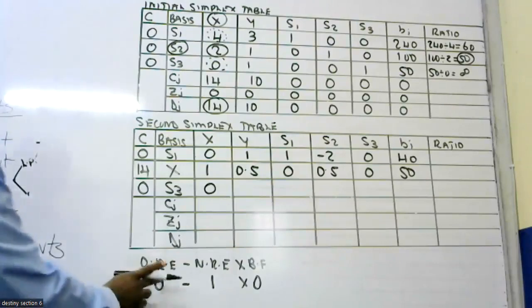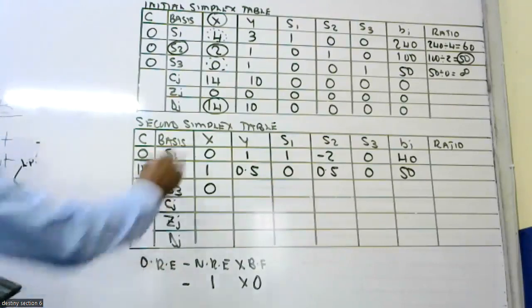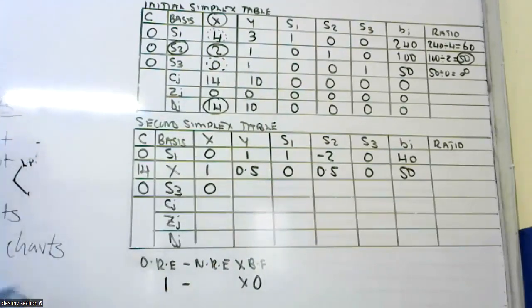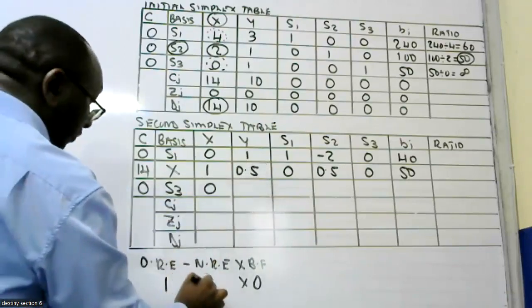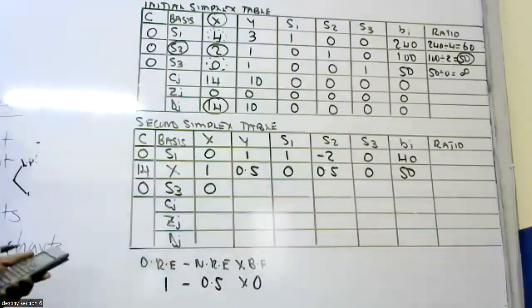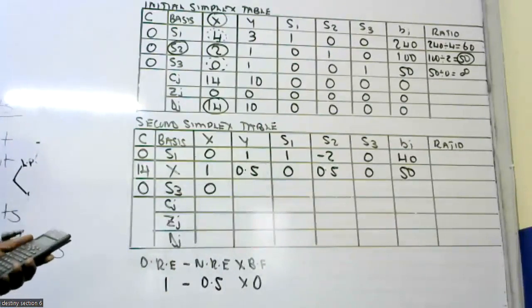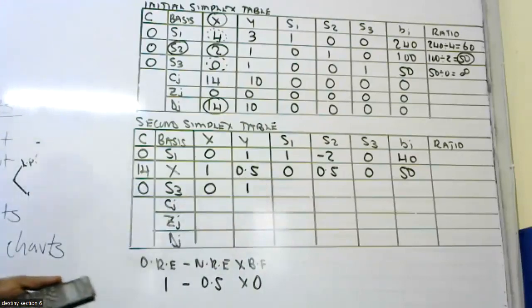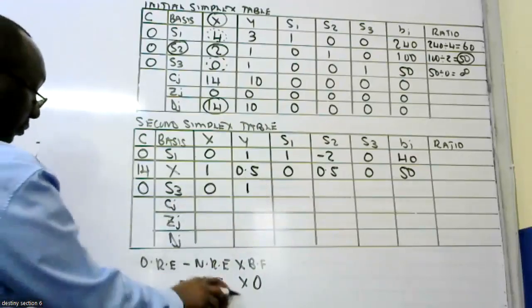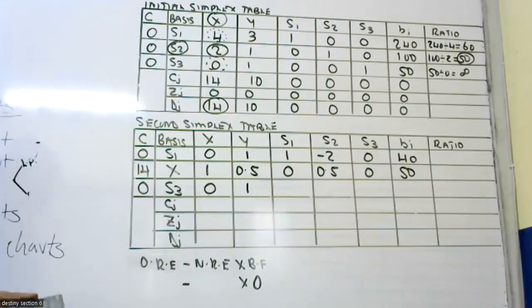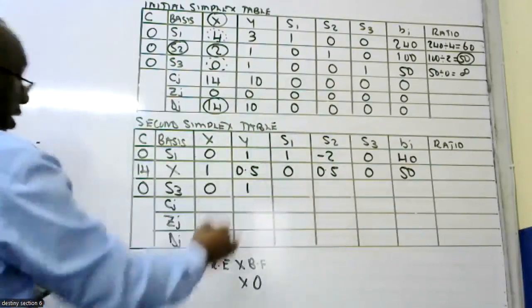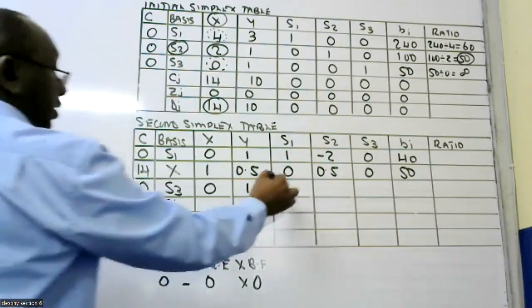We come to this other one, which is here 1, and the new row has 0.5. So you say 1 minus 0.5 times 0 is 1. You put it there. Let's go to the next one, 3, the value is 0. The new row is 0, multiplied by 0, that will still be 0.